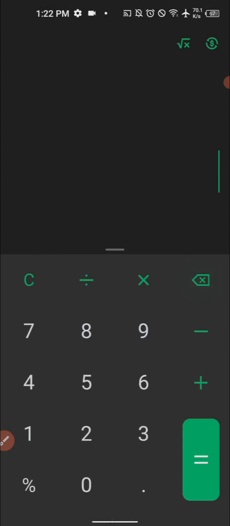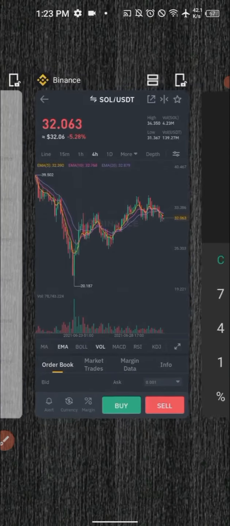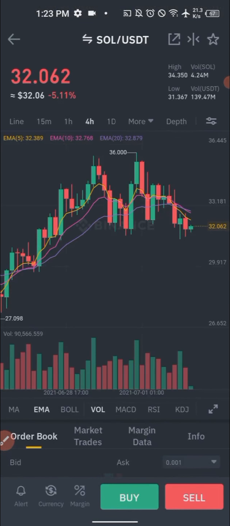Let's check. 40% of $32. Okay, now it's close to 60% of $32. What does this tell us?